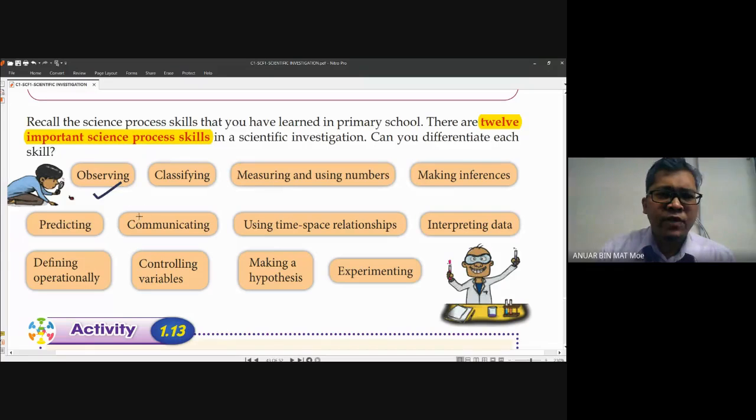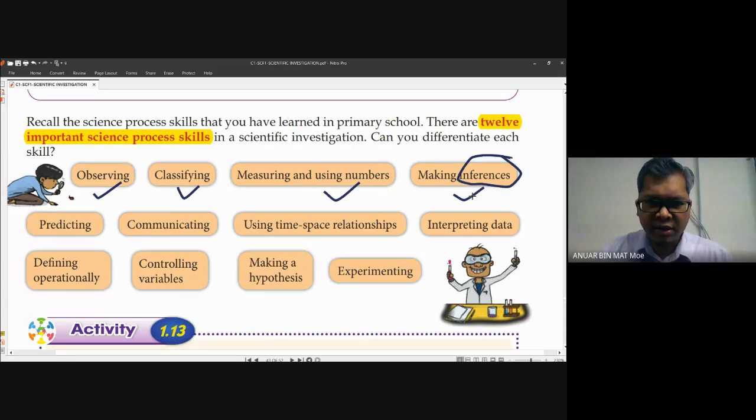Number 1, observing, classifying, measuring and using numbers, making inference. Later we go through what inference is, if you still remember. Predicting, communicating, using time-space relationship, interpreting data, defining operationally, controlling variables, making a hypothesis, and experimenting.